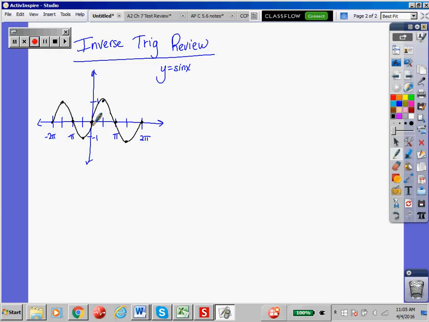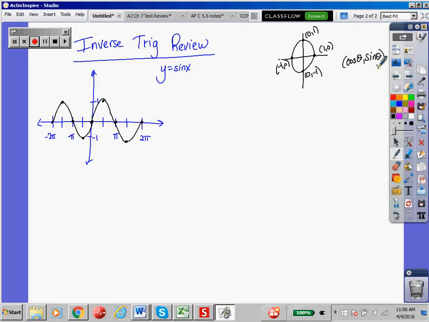And how I'm getting these points is from the unit circle. So every x and y is cosine comma sine. So that's where I got my points.